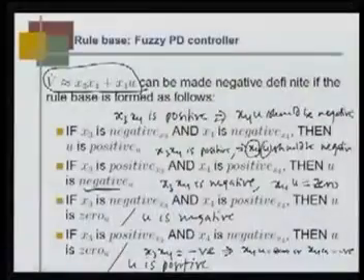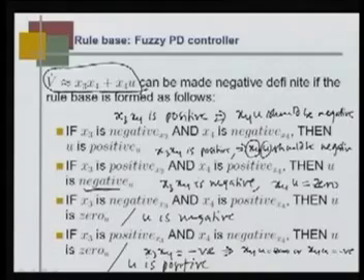If I am assuming the fuzzy linguistic variables to be Gaussian functions, which we have taken in this case, a Gaussian function is normally represented by two parameters, one is mean, another is sigma. If I say sigma is 1, then these linguistic variables are all represented by one parameter, that is the mean, and u positive or negative that we have defined here, we have taken them to be singleton.